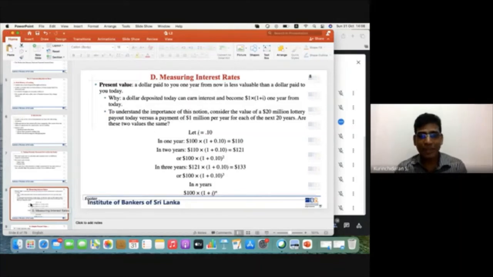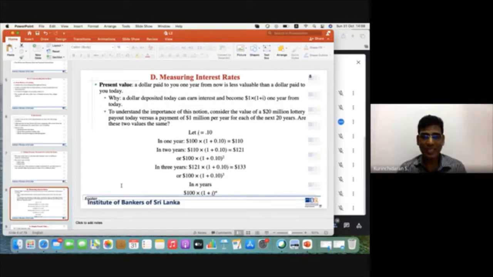if you get 100 bucks today, that's 100 bucks. But if you are going to get it after 1 year, let's assume I get 100 bucks today and deposit it in an FD for 1 year. The FD gives you a 10% return. So then what will happen?